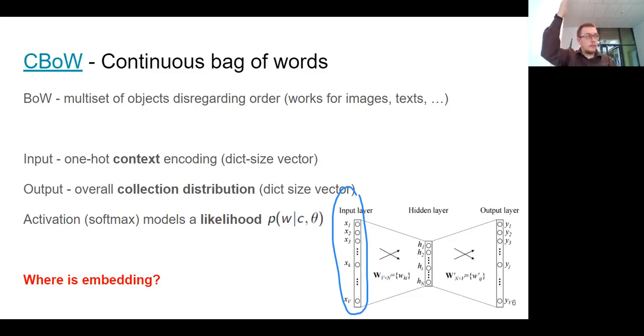So our dictionary, assume in our case 100,000 as in the previous case. What we do here, we encode the context with a technique which is called one-hot encoding. It's not actually one-hot because it's not one. In Russian we don't even have this term, but the idea is that one-hot means if you have a set of discrete objects, you give a number to each object, and you identify the object with 1 in the position for the object.